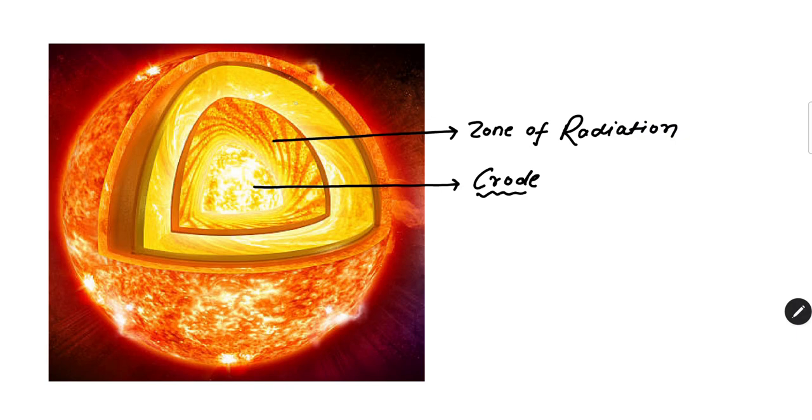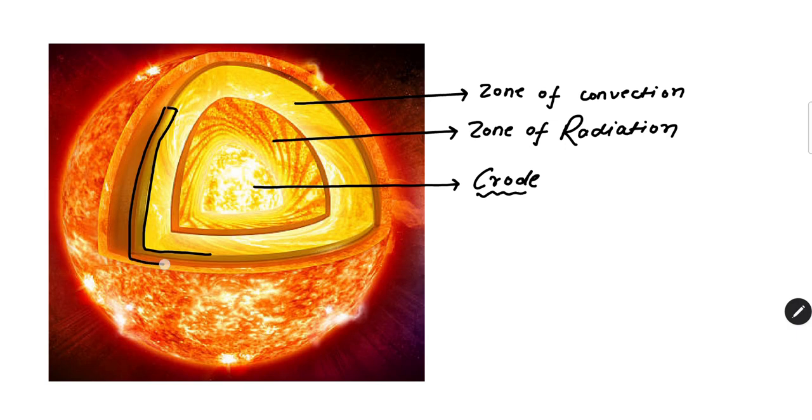And the third part, can you see this part? This is the zone of convection. After this, this layer, can you see this one? This part, this is the photosphere.